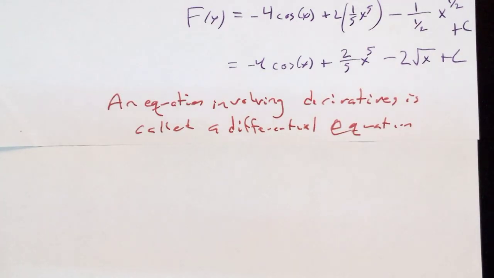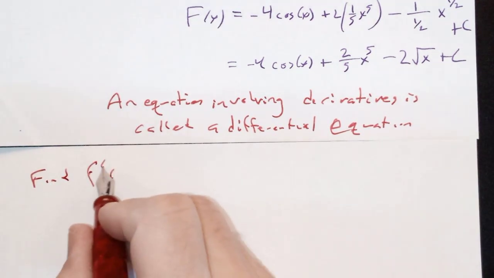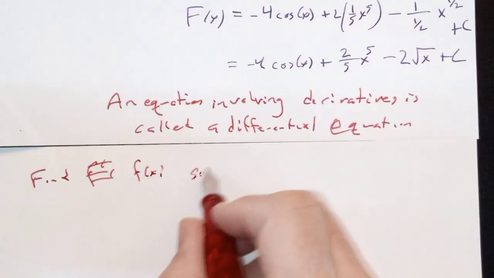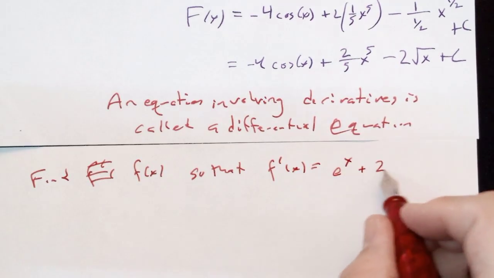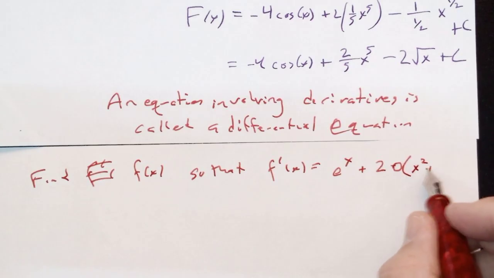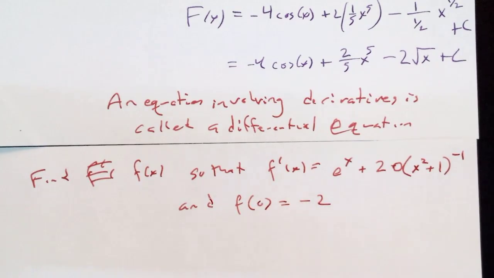If I were to give you an additional piece of information, then we could use that to find a particular solution, a value for that C. For example, here is the additional piece of information.